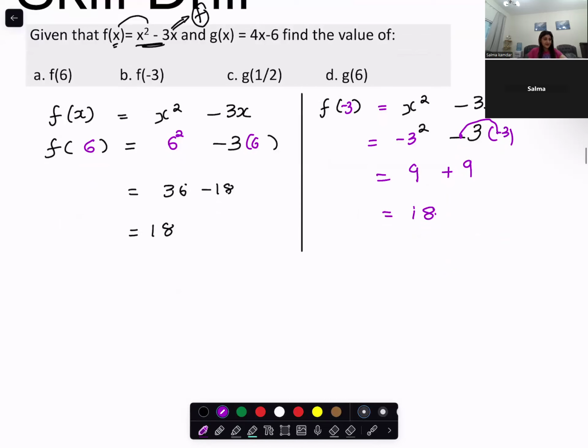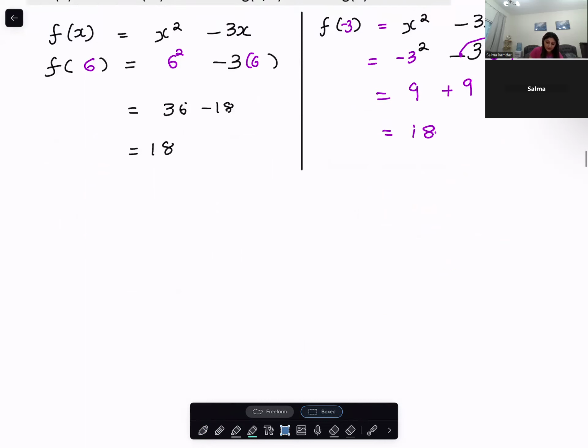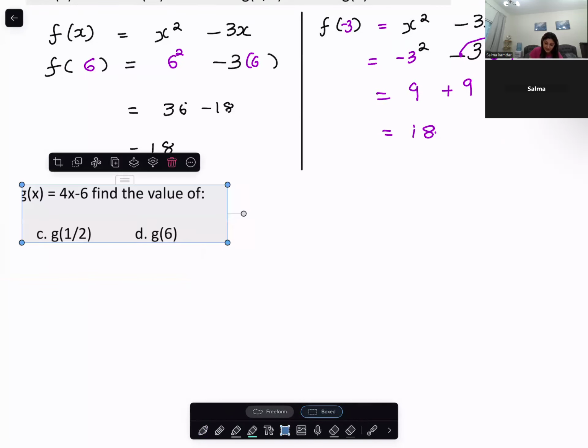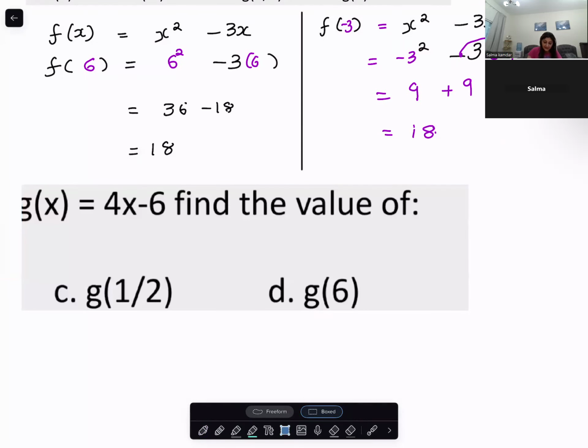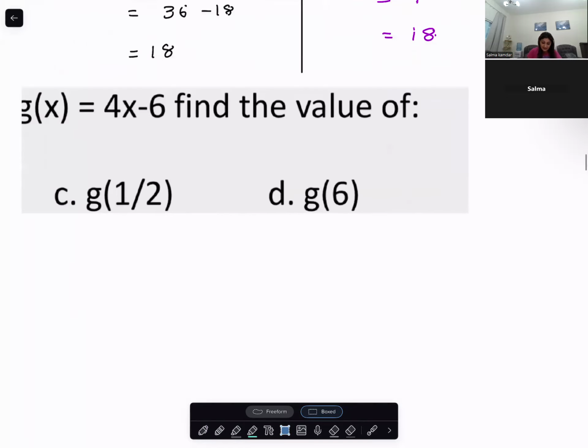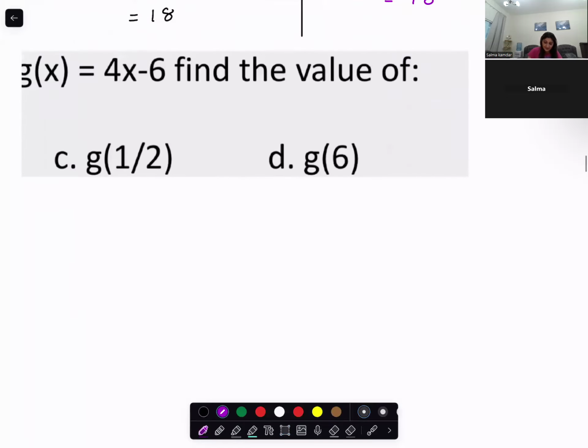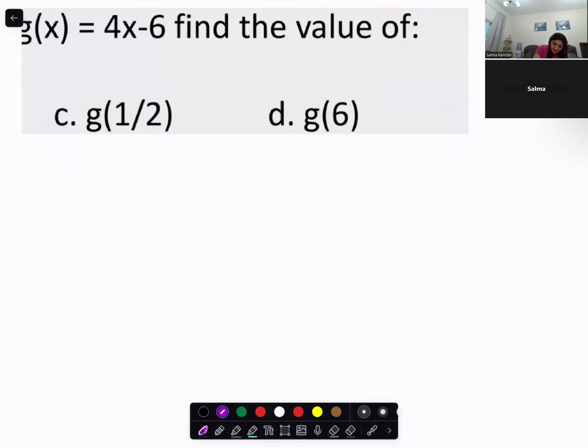Now let's do two sums with g. I have been given g of x, that means the expression is given to us. g of x is equal to 4x minus 6. Very simple.